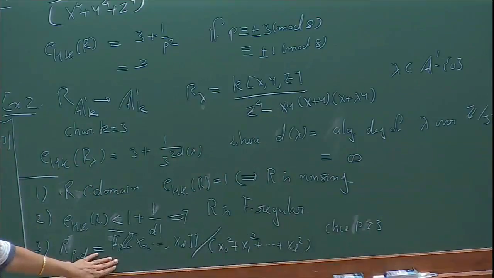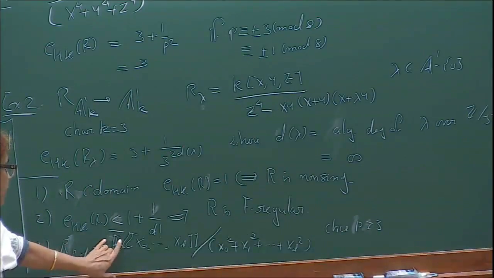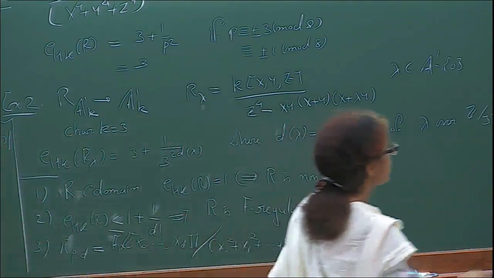So this is your ring. People think that you don't need the hypothesis F P bar, you can take any algebraically closed field of characteristic P. The assertion is this.